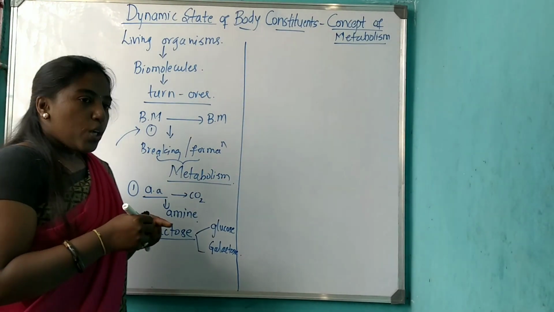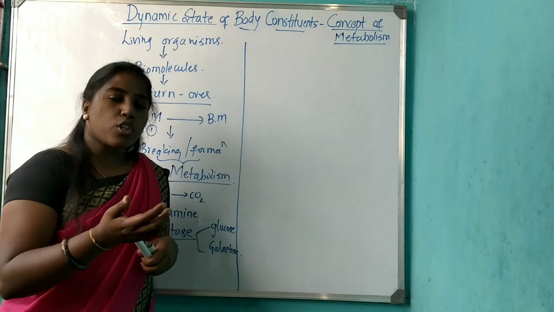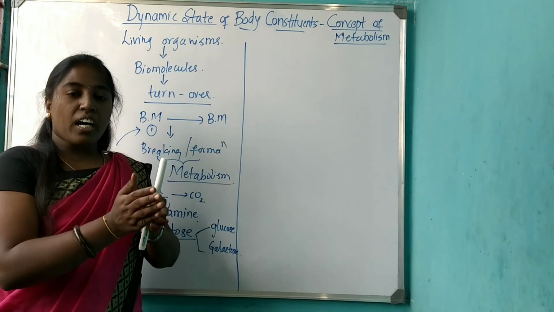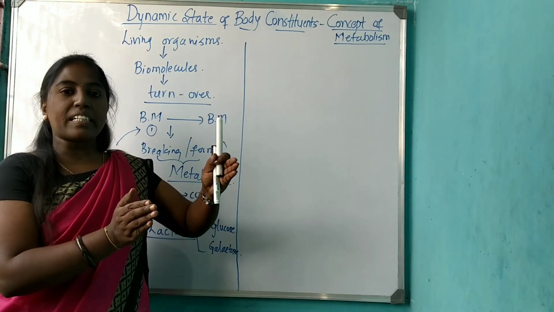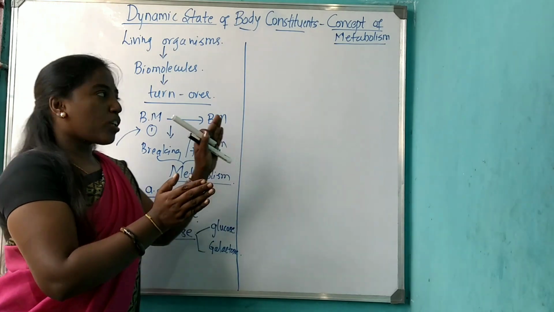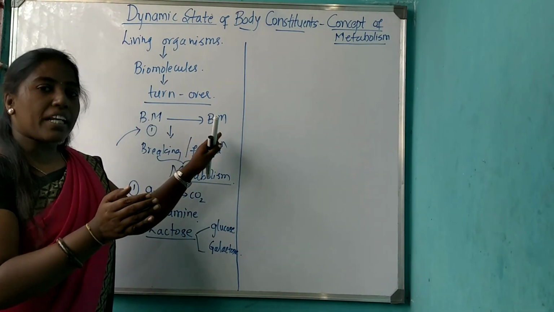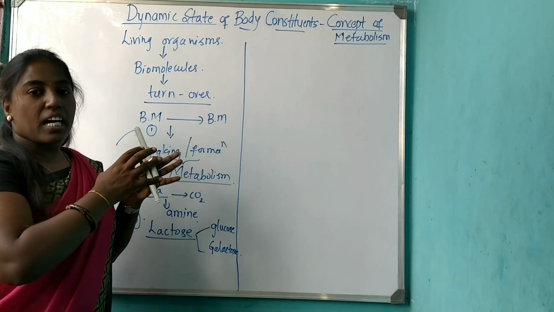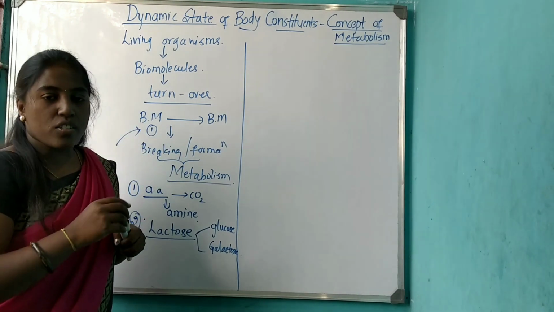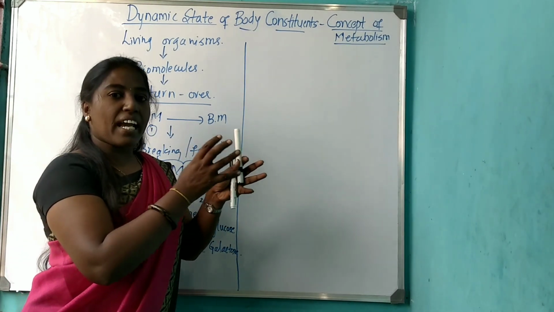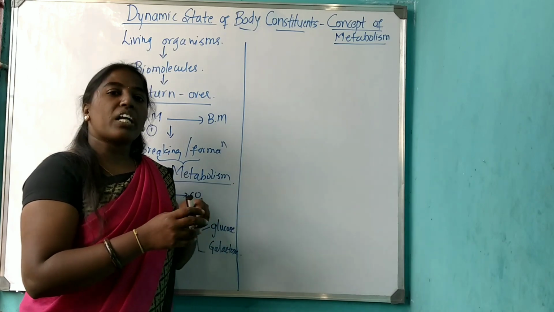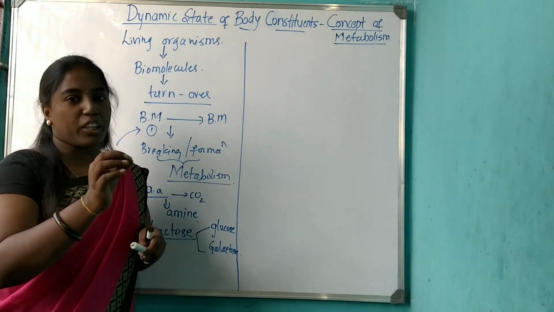Next, these biomolecules are changed into one another. Here there is a series of linked reactions, that means conversion of one biomolecule to another, so there are a number of linked reactions. Those reactions together we'll call a metabolic pathway.